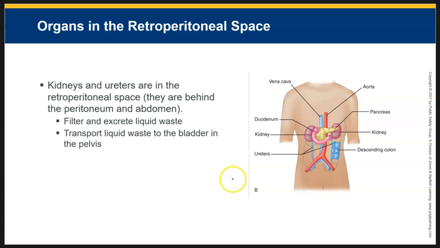We also have organs in the retroperitoneal space, meaning behind the peritoneum. The peritoneum is the lining of the abdominal cavity containing most of the GI and GU organs, but behind that space we do have the kidneys and the ureters. Their job is to transport liquid waste that has been filtered from the blood in the kidneys to the bladder, which is lower in the pelvis.